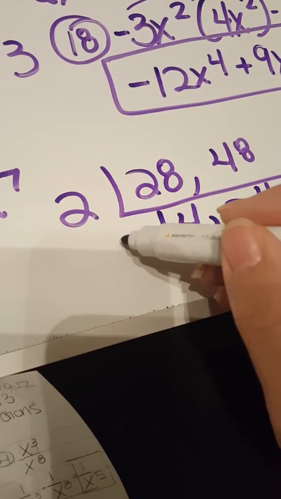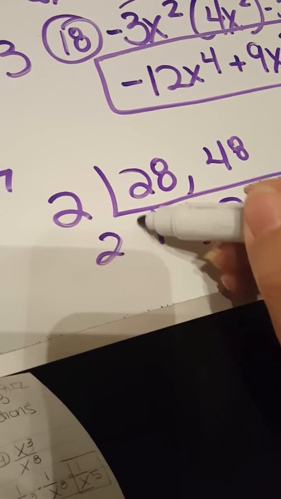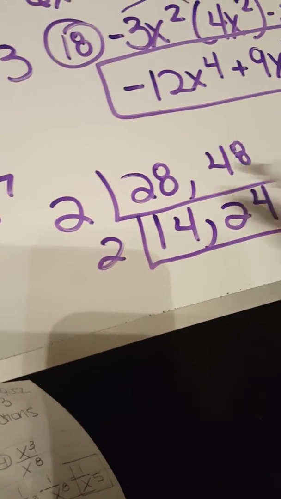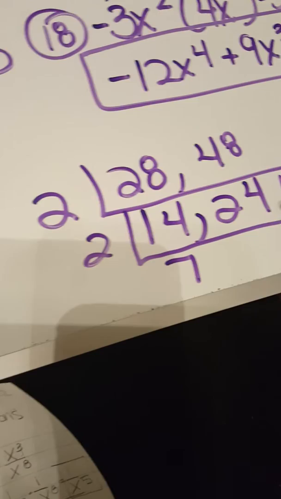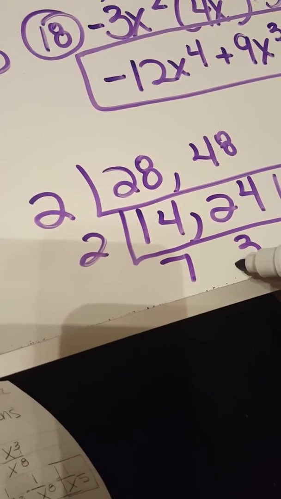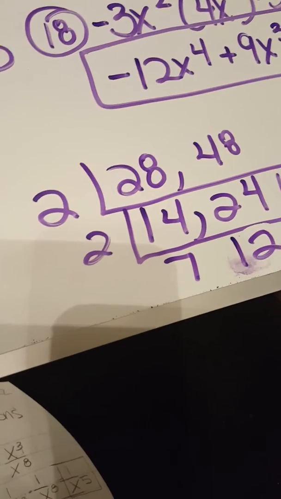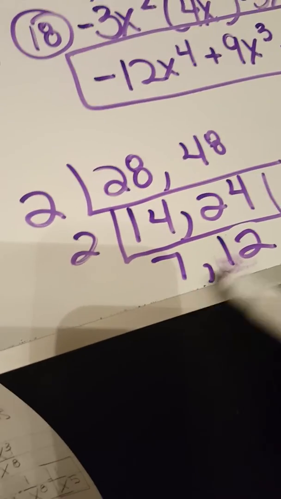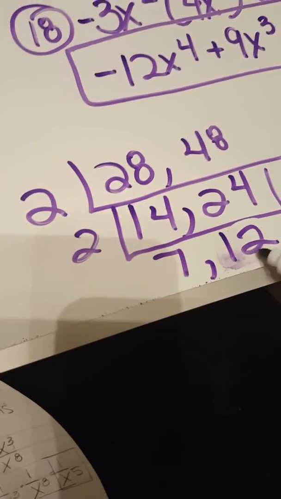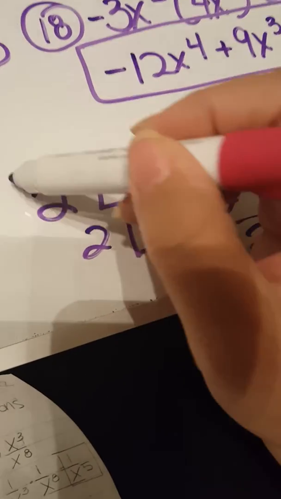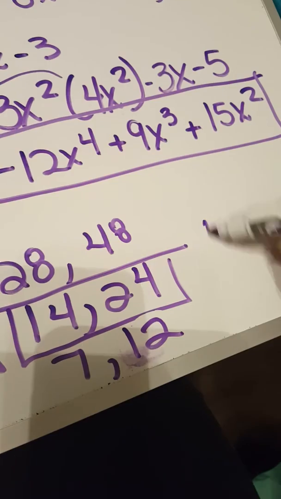So then you know that a 2 would go back to this, and that would be a 7, and that would be a 3. Oh, sorry. That would be a 12. And you know that this can't be reduced. This one could, but this one can't. So now you know that your greatest common factor is 4.